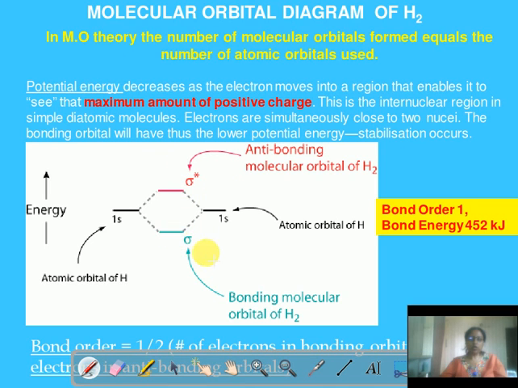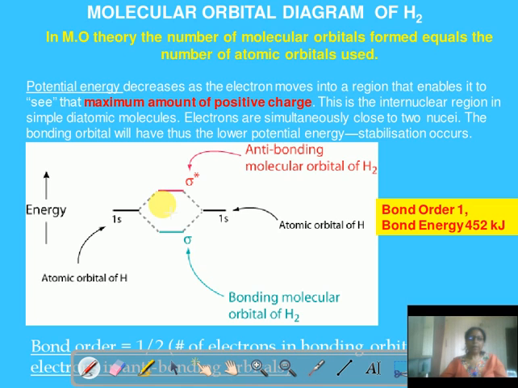So we denote the bonding orbital as sigma and the antibonding molecular orbital as sigma star. This is the atomic orbital of one hydrogen, and this is the atomic orbital of the other hydrogen, and energy generally increases in this way. You can see the bonding molecular orbital has the least energy, while the antibonding orbital will have the higher energy.